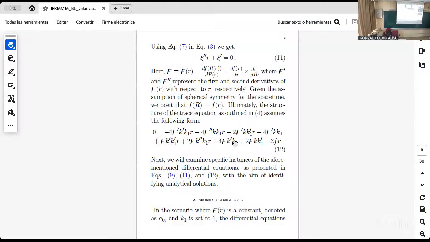Okay. So can we enlarge? I hope so. Yeah, it's good. Okay, so please. Gravity.